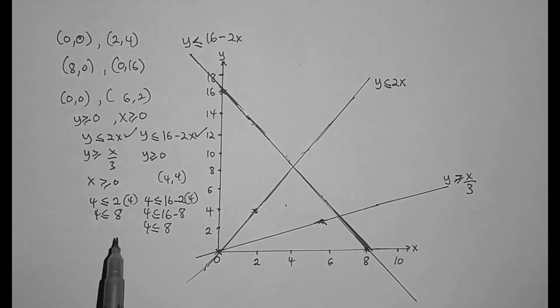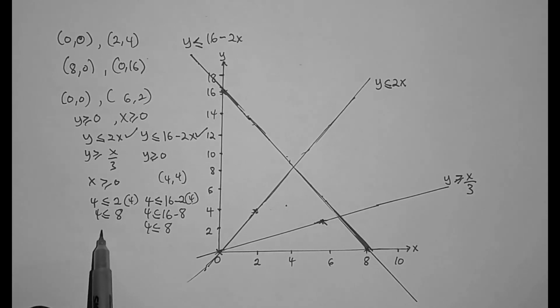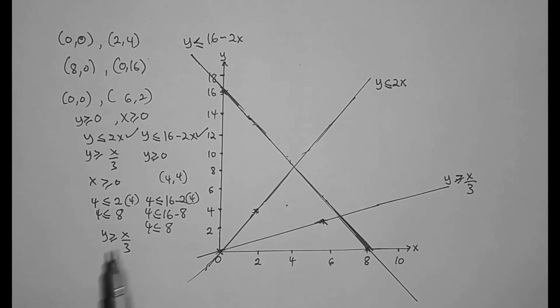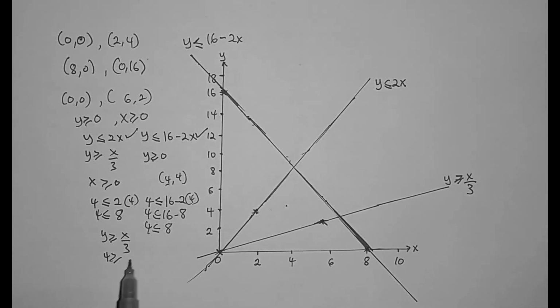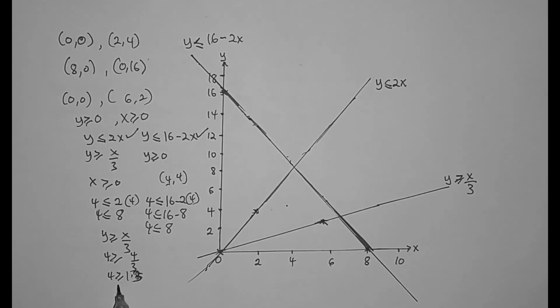Then we have y is greater or equal to x over 3. So now the x value is 4. So 4 is greater or equal to 4 over 3. 4 divided by 3 is 1.3. So 4 is greater or equal to 1.3. So that is true.